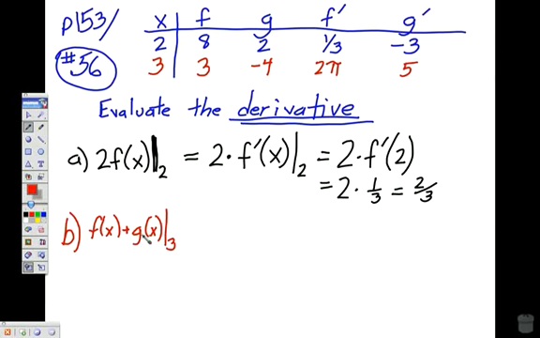That's not what we're looking for. We're looking for the derivative. The derivative of f plus g is just f prime plus g prime. And we're going to evaluate that at x equals 3. In other words, f prime of 3 plus g prime of 3.